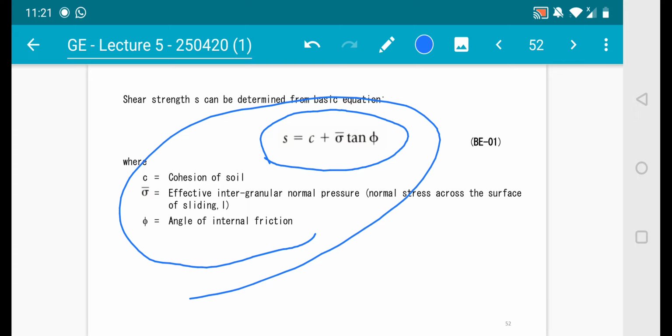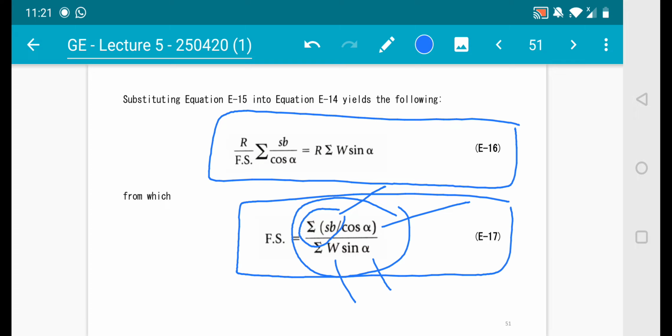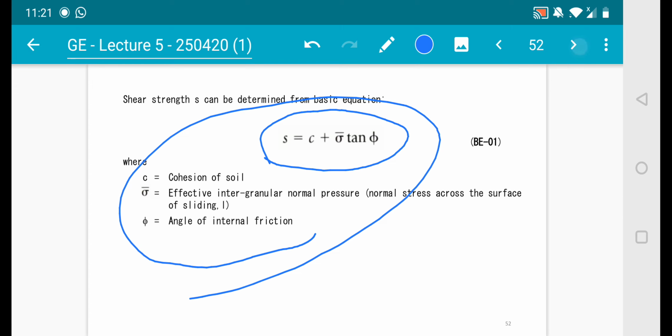If you look at this, you can solve for S. But to solve for S, you need sigma prime. You can easily find the cohesion and phi.